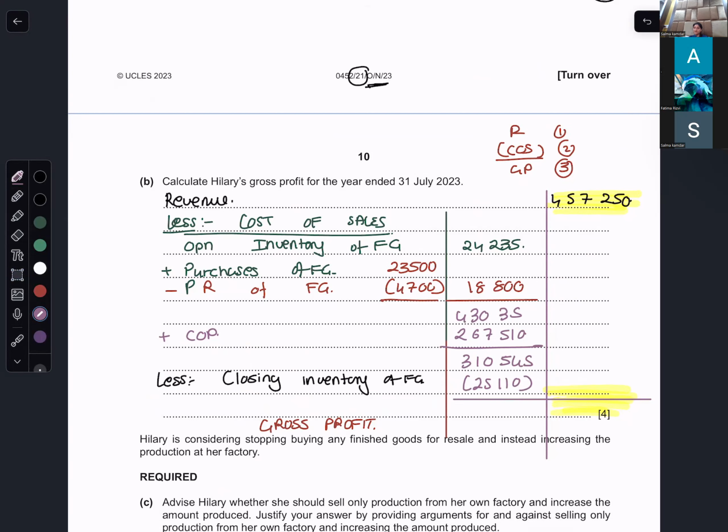So your cost of sales is 285,435. Revenue minus cost of sales gives you gross profit of 171,815.